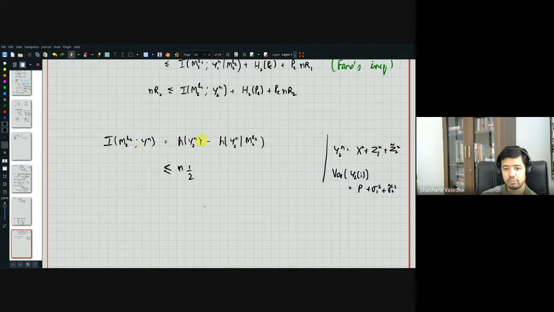So this differential entropy is at most n times half log 2 pi e times P plus sigma 1 square plus sigma 2 tilde square, which, the sum of these two, is just sigma 2 square.